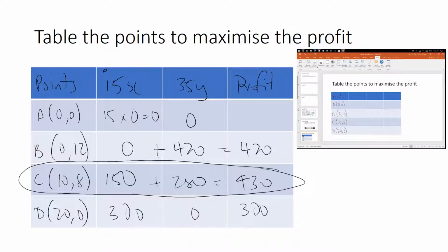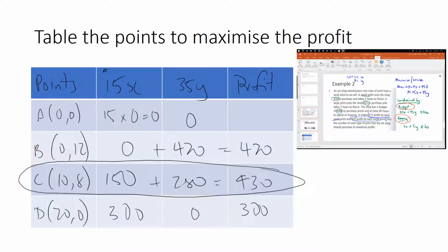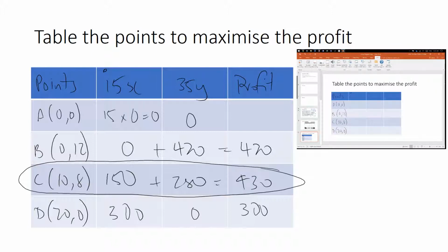Now here is where we put how much the profit is for X. Profit for X was 15, and the profit for Y was 35. So that's 15X, that's 35Y, and this will be our profit.